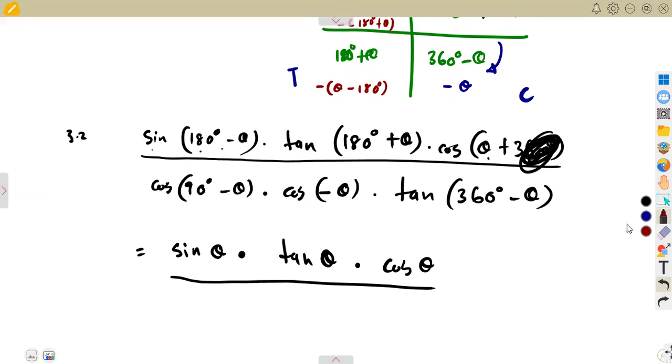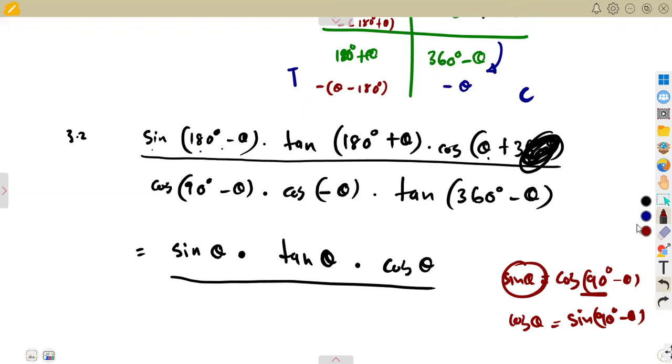Remember from our supplementary concept of angles, the sine of theta is equal to the cos of 90 degrees minus theta. If it is the cos of theta, it is equal to the sine of 90 degrees minus theta. So there we are given cos of 90 minus theta. So cos 90 minus theta is a sine. So that is, we have a sine of theta.